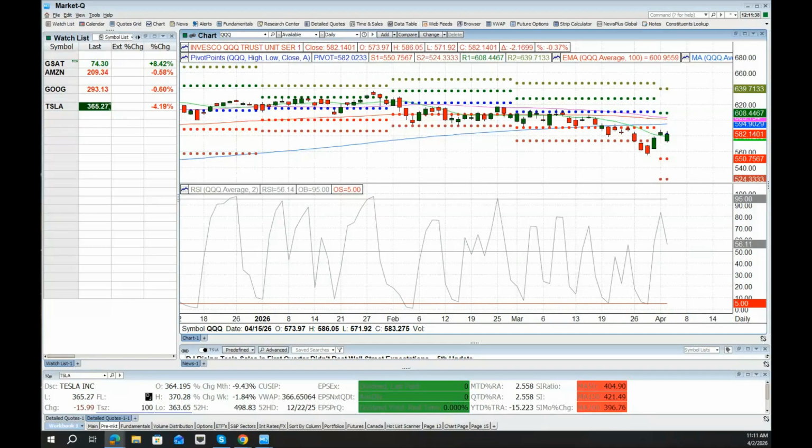Starting top down from an asset class level, I'm looking at what the different asset classes are doing relative to one another. So this is AGG versus the SPY on a weekly time frame. I'm looking at all this on a weekly time frame. What are bonds doing relative to the SPY? What are commodities?